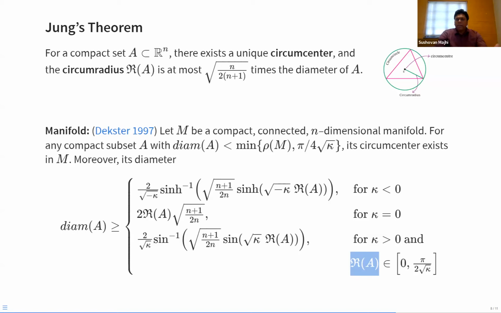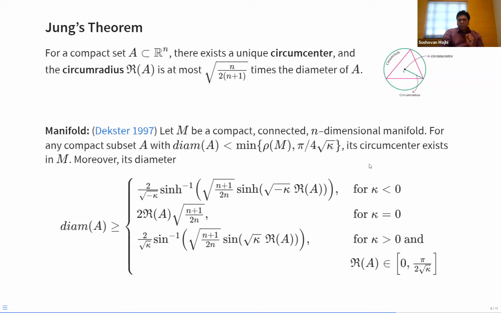The takeaway here is that if you have a compact subset of a Riemannian manifold with controlled diameter, controlled by a relation involving the convexity radius, the sectional curvature and so on, then you can also control the circumradius. Also, to mention here, the circumcenter in this case may not be a unique point, but you still have a unique circumradius, which is strictly smaller than the diameter of the set.